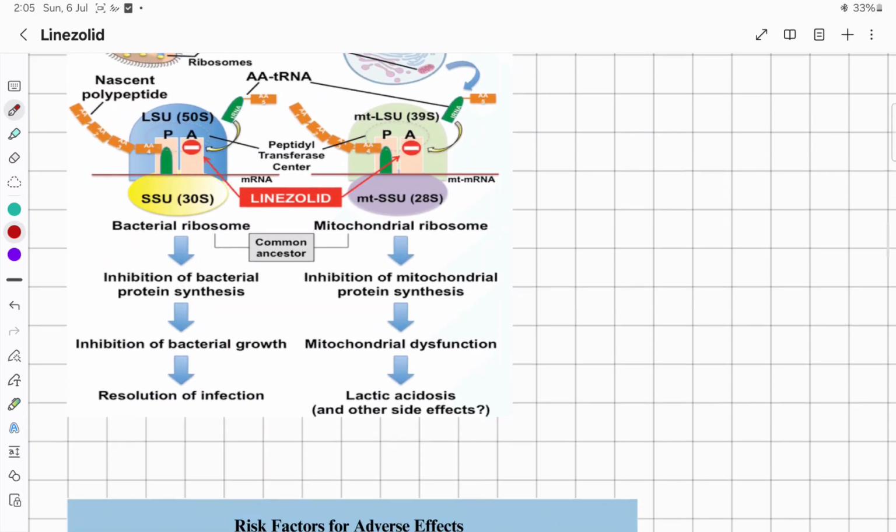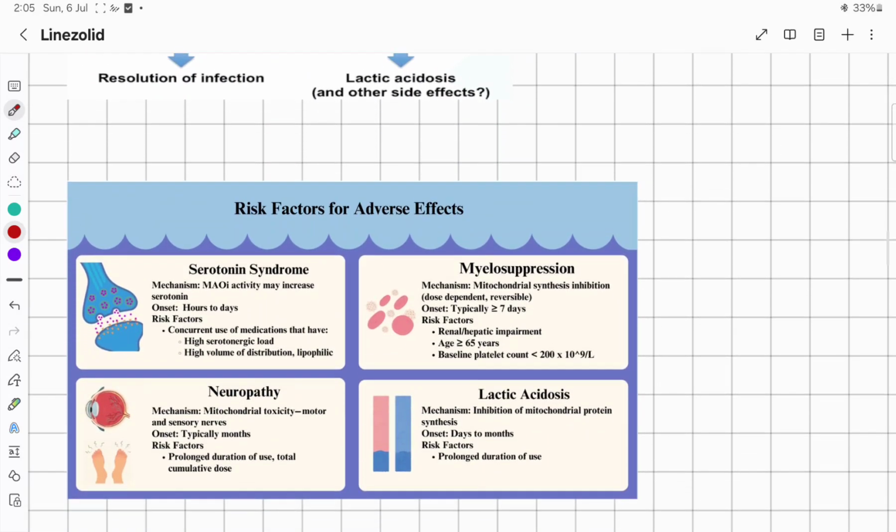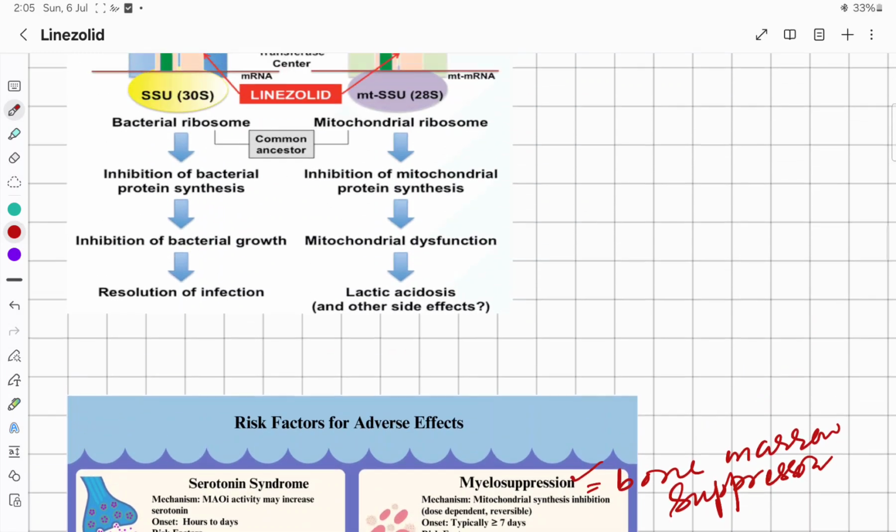That leads to side effects like bone marrow suppression or myelosuppression, then lactic acidosis and neuropathy. These three are because of the mitochondrial ribosomal protein synthesis inhibition.